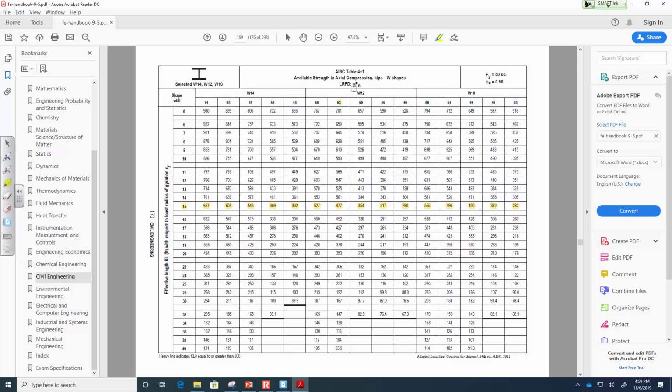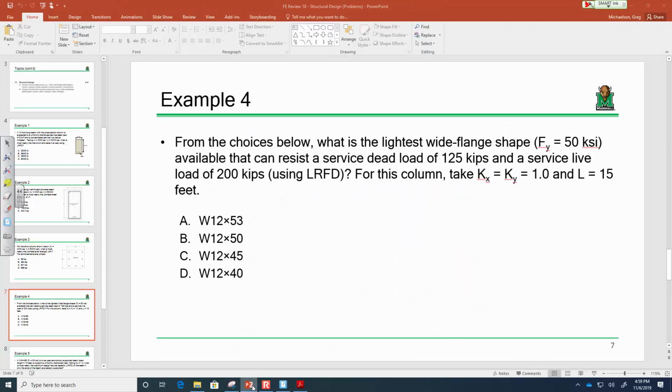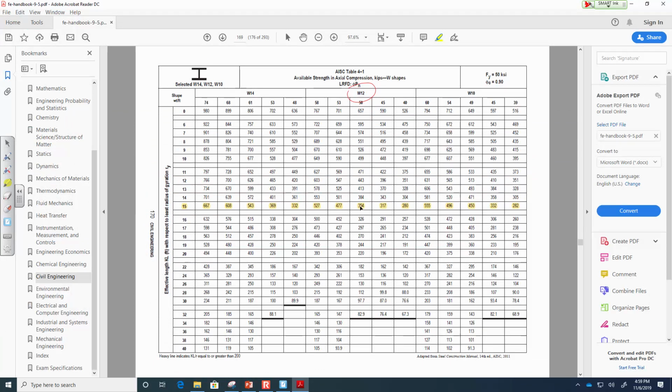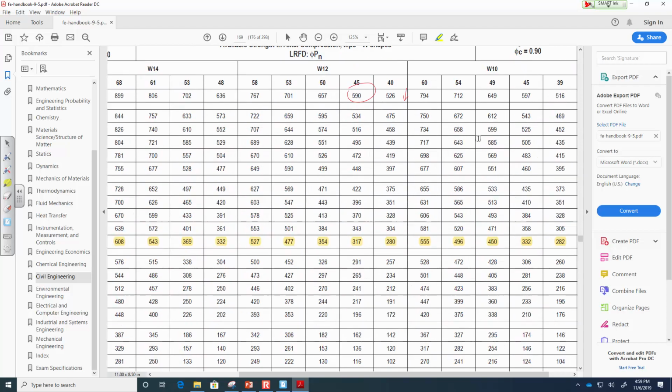So 470, maybe I'll use my pen. So we're looking at W12s. Why are we looking at W12s? Because that's what the problem was asking for. So does the W12 by 40 work? The one over here? Let me zoom in a bit.